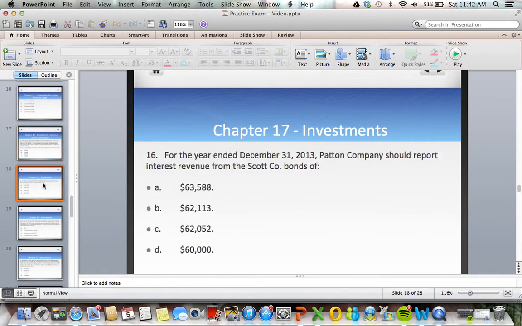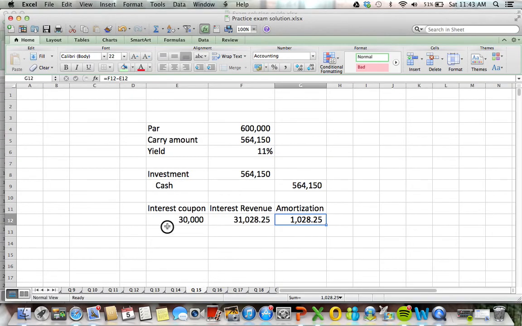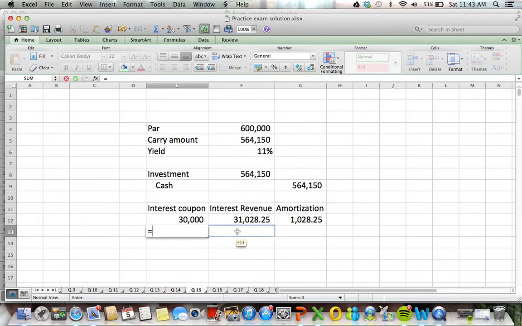Now, the next question, 16, asks, for the year ended December 31, Patent Company should report interest revenue from Scott bonds in the amount of. So we have this interest revenue for 6 months. Now the carrying balance in the next period is going to be 565,178, and we multiply that now by 11% over 2, and we want to sum up these two.